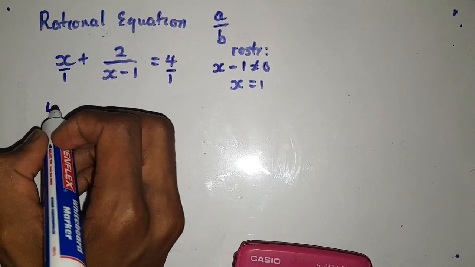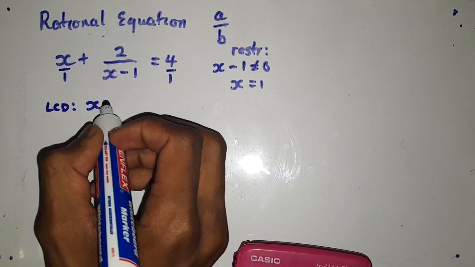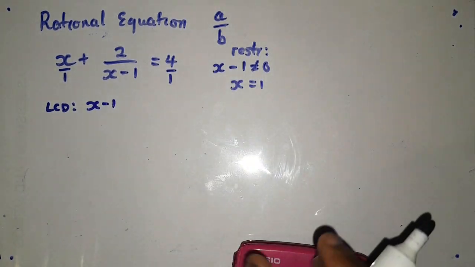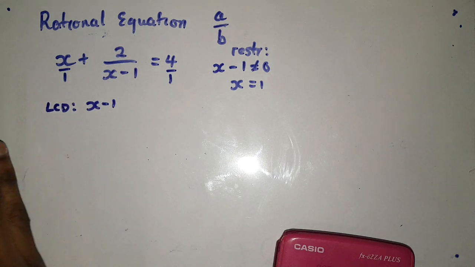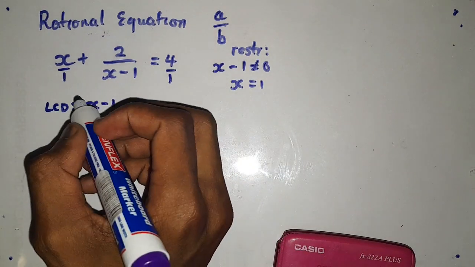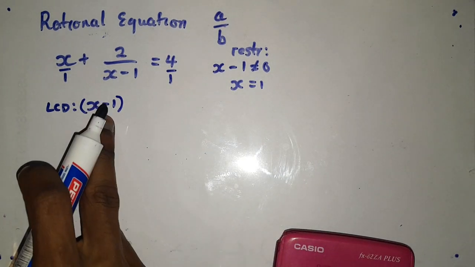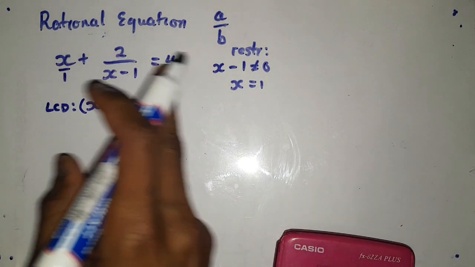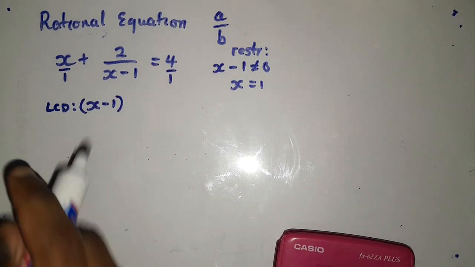Then we multiply throughout by the LCD. Let me put this LCD inside the bracket and multiply each and every term by it.